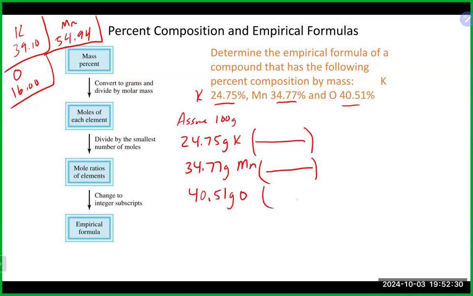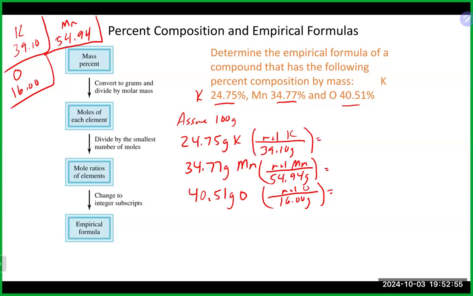Next thing we want to do is take those grams and convert them into moles. So we use the molar mass from the periodic table to do that. So we're going to go with 39.10 grams per mole of potassium, 54.94 grams per mole of Mn, and we will go with 16 grams per mole of oxygen.